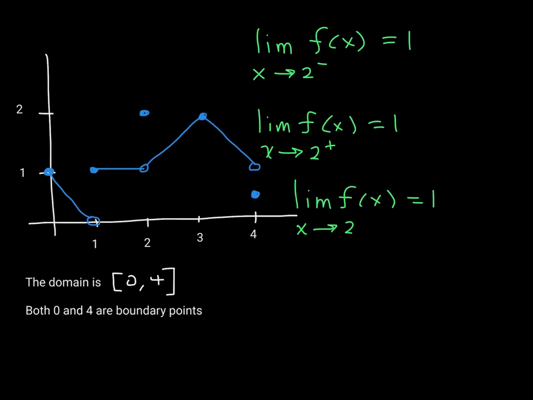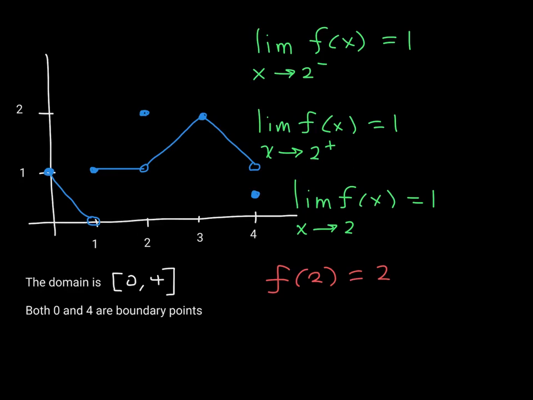Notice that although the limit of our function as x approaches 2 from both sides is equal to 1, just a side note, f of 2 is actually equal to 2. Even though f of 2 is equal to 2, the limit as x approaches 2 is equal to 1.